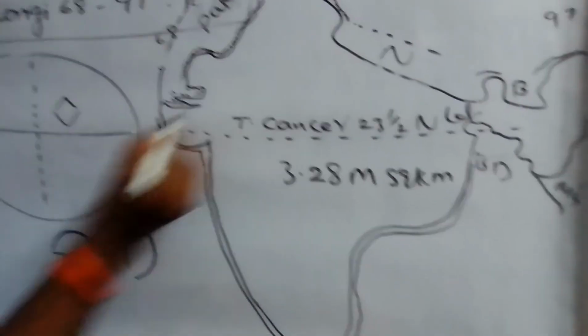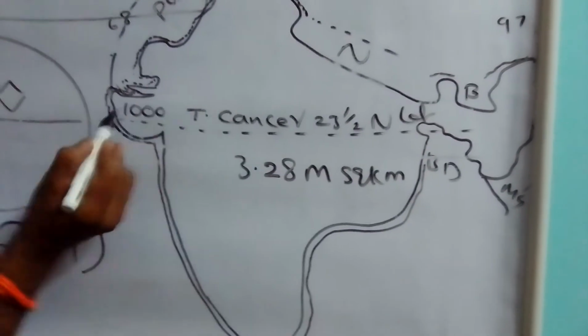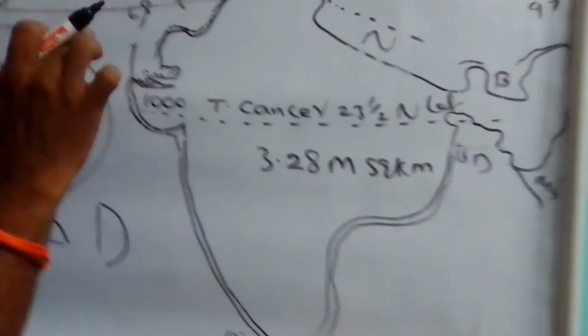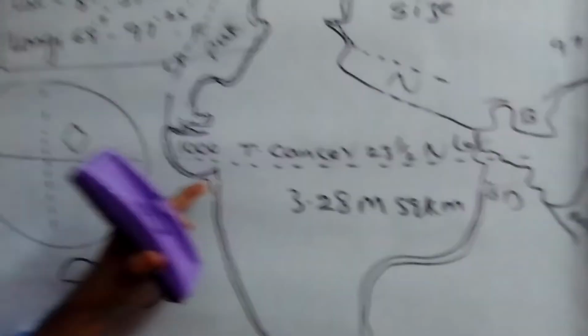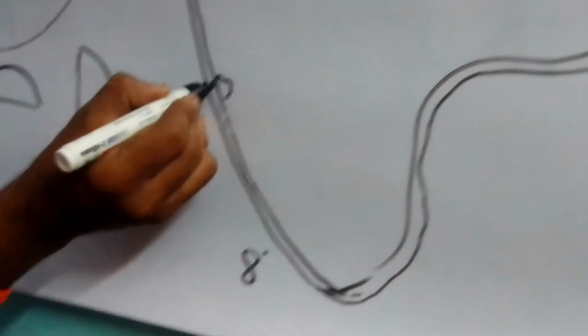And in the entire coastal line, Gujarat comprises the longest coastal line of about 1,000 kilometers. So this is the state comprising the lengthiest coastal line, and the smallest coastal line is by Goa.